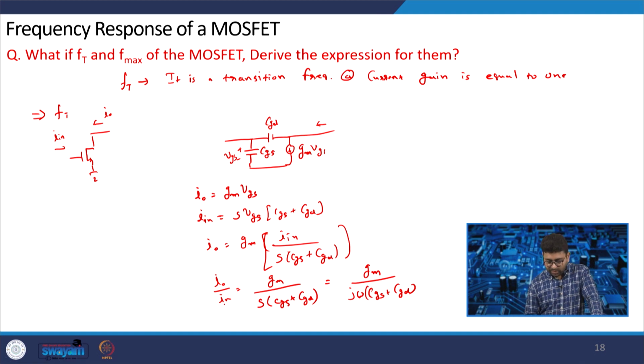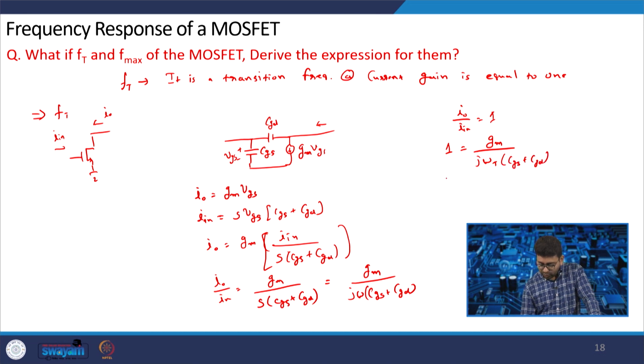So, I out is equal to I in. So, in this equation, if we put I out divided by I in equal to 1, then that is the FT, which is given by 1 equal to GM divided by J omega T into CGS plus CGD.